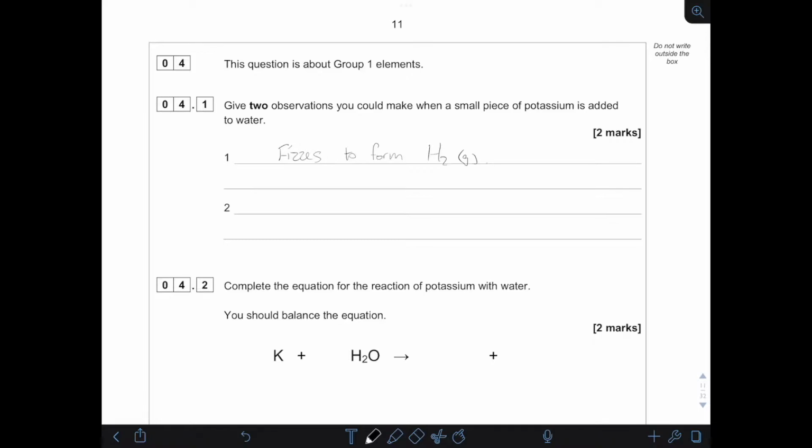You're also gonna see probably a flame of some kind, and it's gonna be lilac in color. You can also say it explodes. You can say it melts.